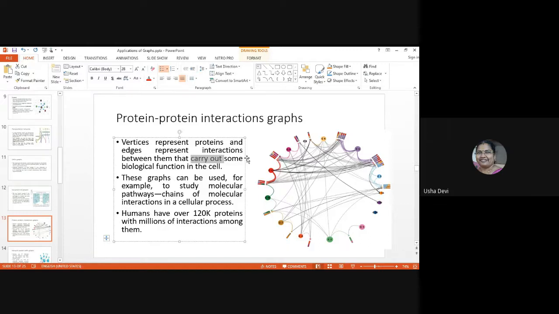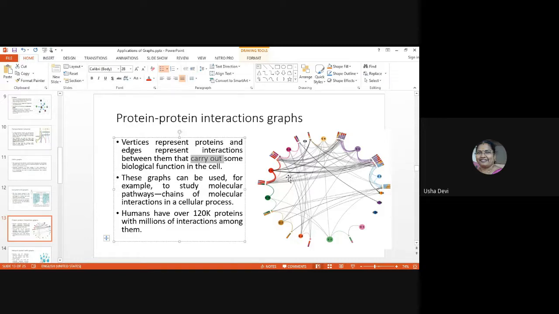These kinds of graphs can be used for studying molecular pathways within a chain of molecular interaction in the cellular processing: where to where it happens, what is to be done, and what kind of interaction is going on. Those things can be easily measured with the help of these protein to protein interaction graphs.